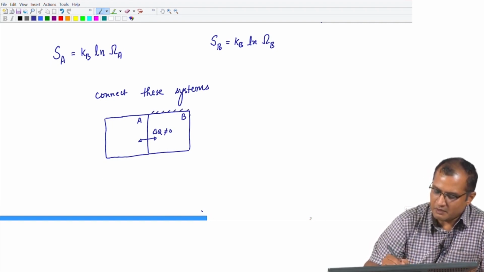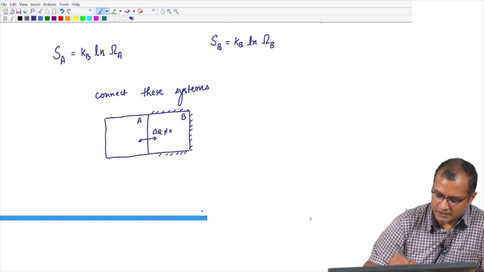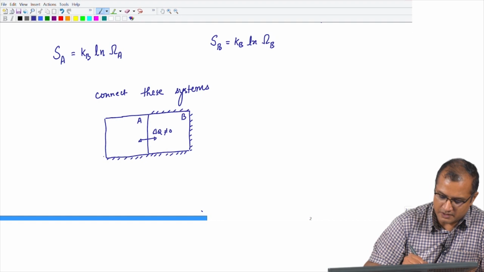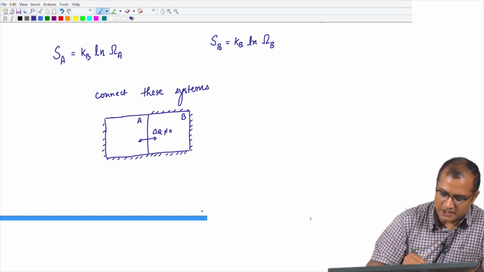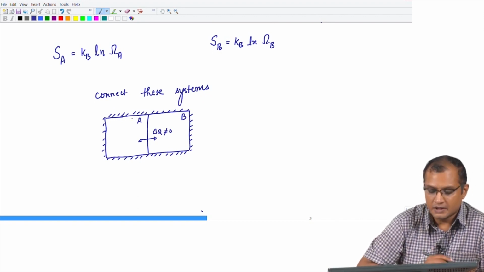So, A and B will not take or give any energy to the surroundings. They can exchange energy internally, between themselves, but they are still isolated both mechanically and thermally from the surroundings.